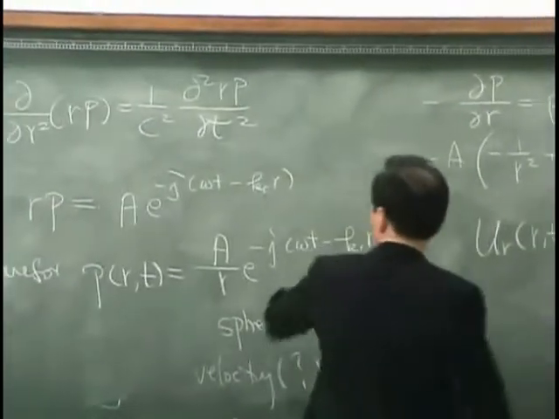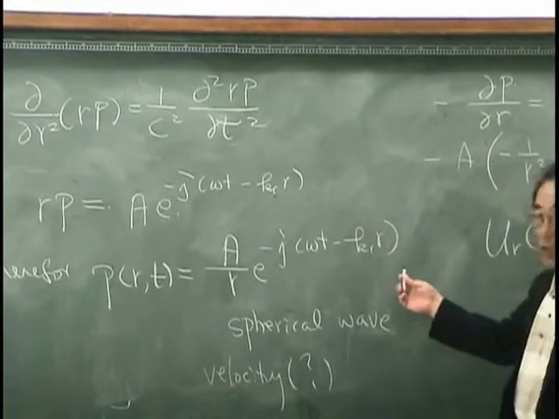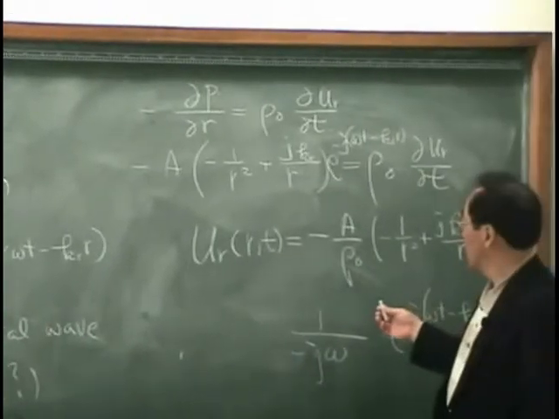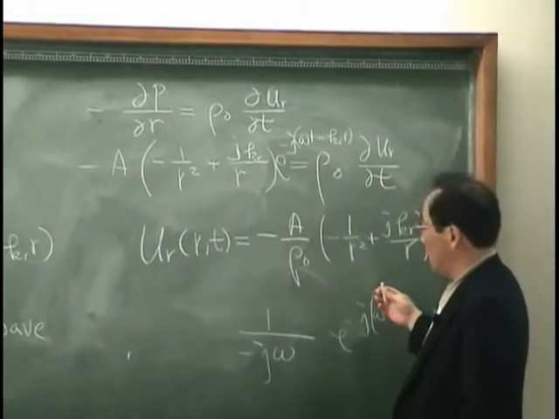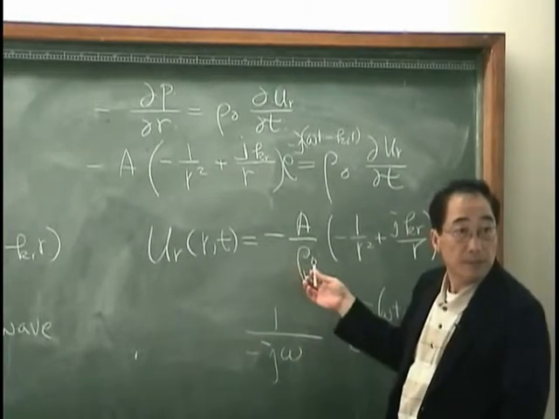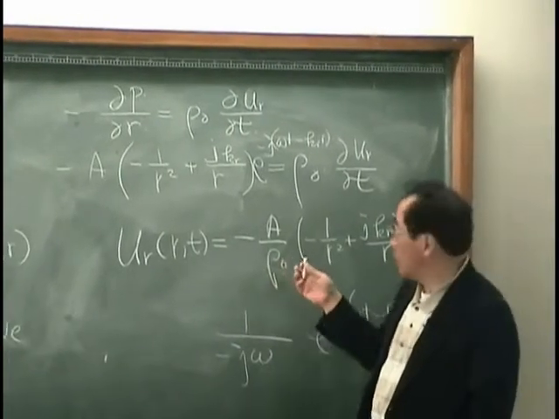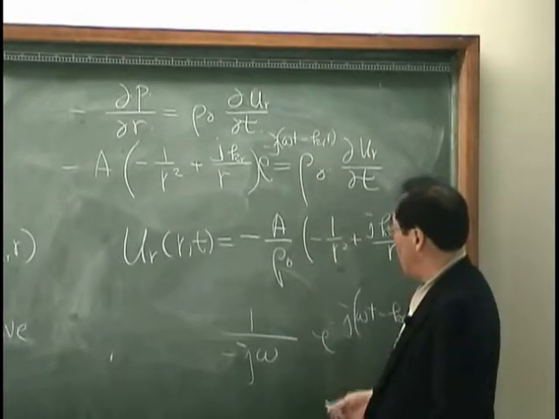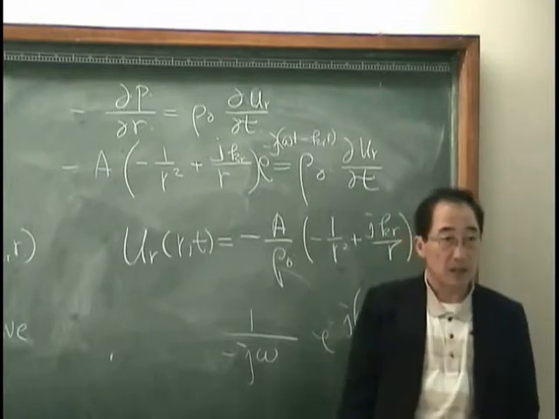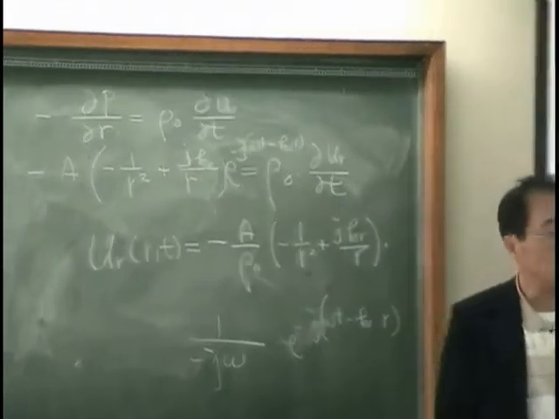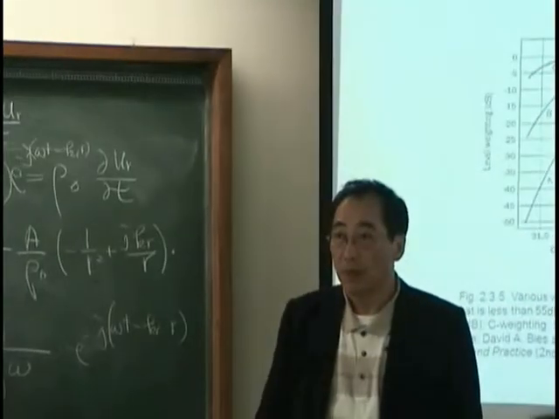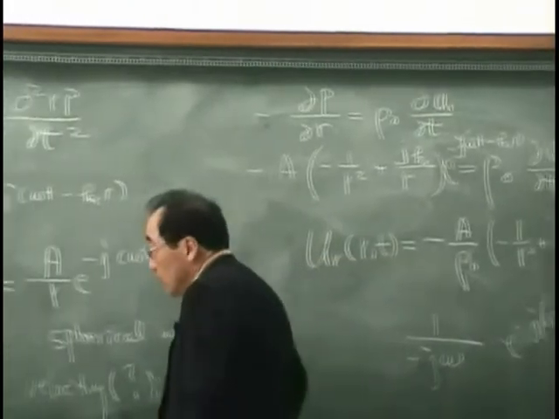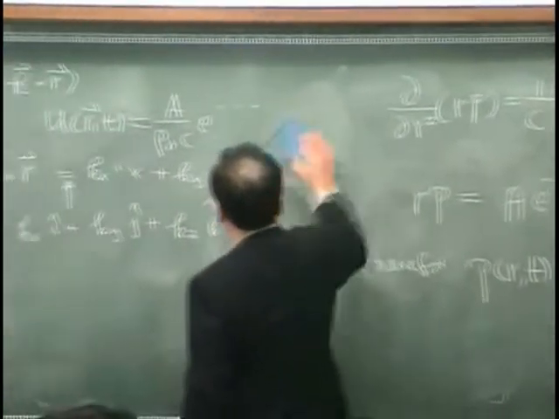But as you can see here, pressure is A over r type, but the velocity has a real part and an imaginary part, right? And that real part and imaginary part depend on r as well as k and omega. It's complicated. So let me summarize the impedance of a spherical wave.